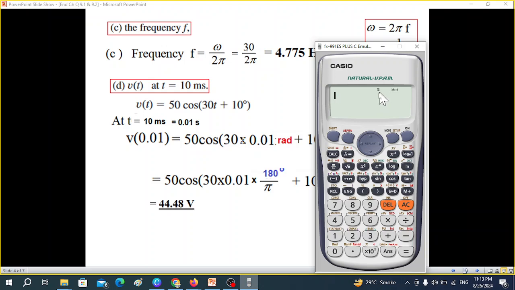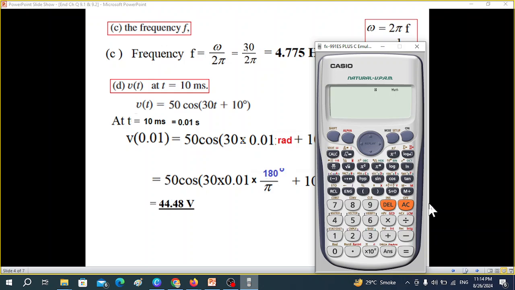Now this is not in D mode, so the best is we clear it. Shift, clear, 3 for all, equal sign, AC. So it's clear now, and automatically it has moved to D for degree mode.